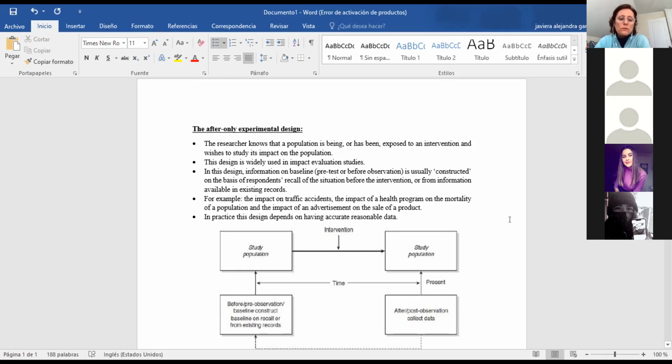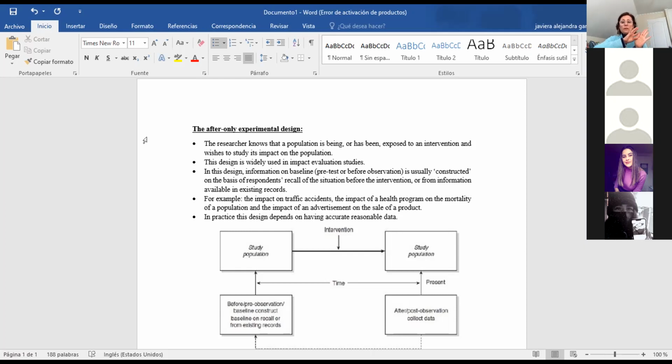In this design, the researcher knows that the population has been exposed to an intervention and wishes to study its impact on the population. But the situation here is that the population has been through the intervention, but we don't have information before the intervention.